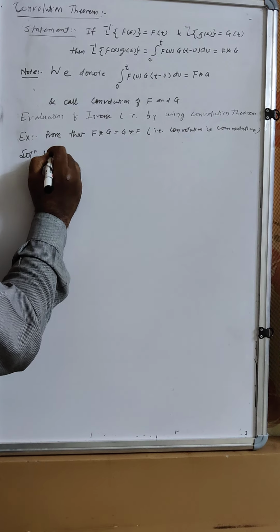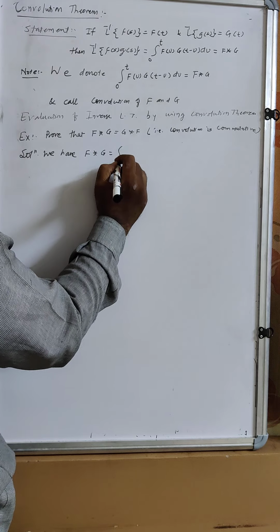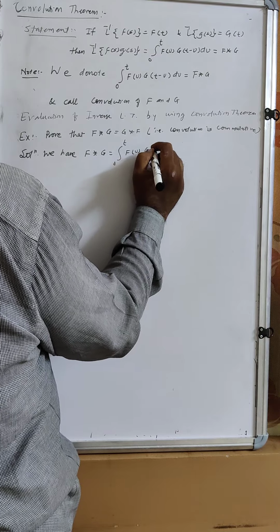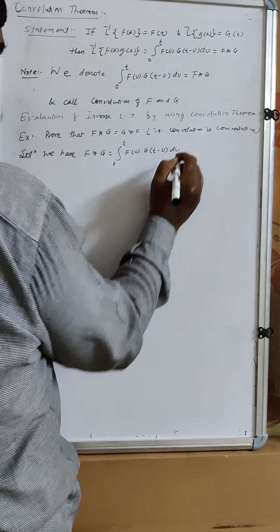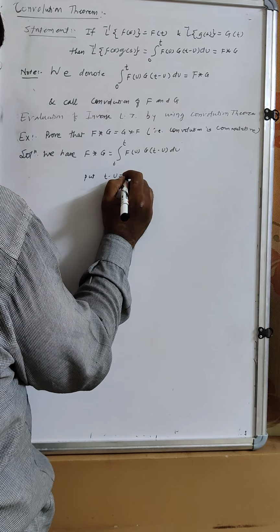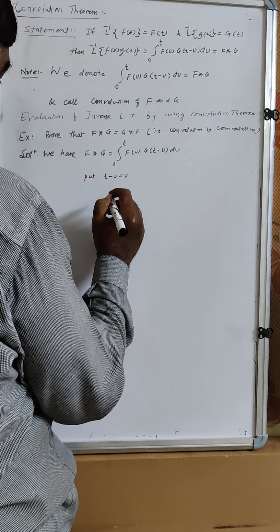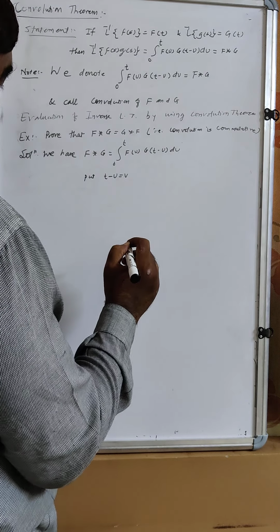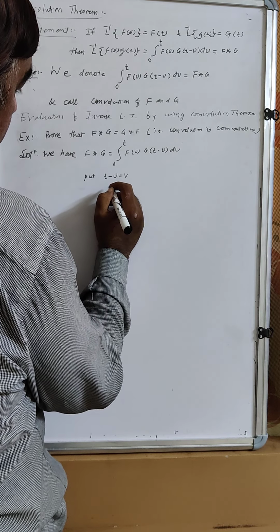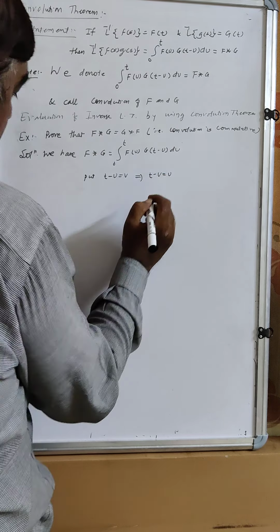We have f star g is equal to integral from 0 to t of f(u) g(t minus u) du. Put t minus u is equal to v. This implies t minus v is equal to u.